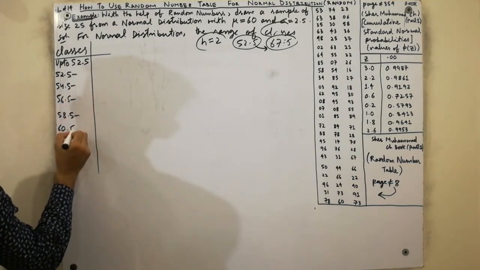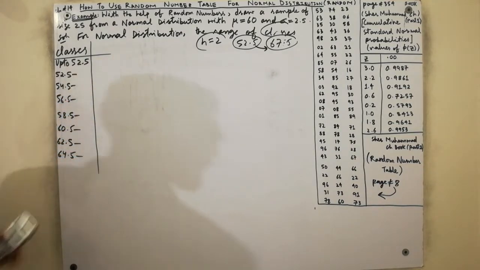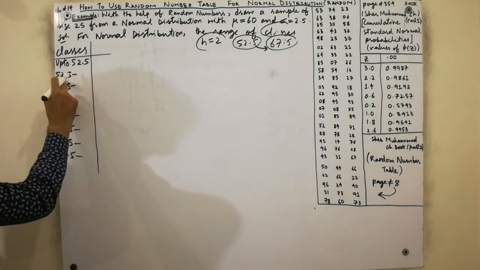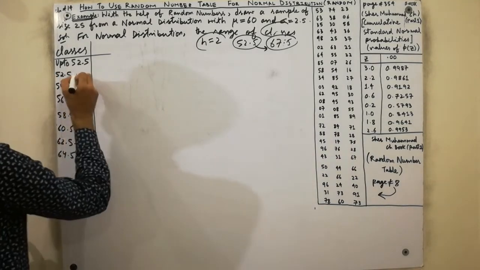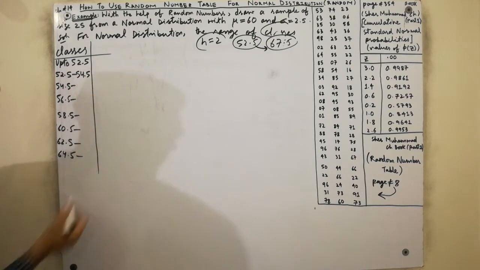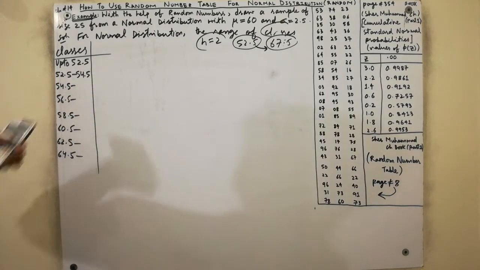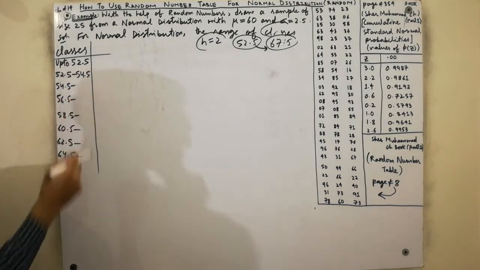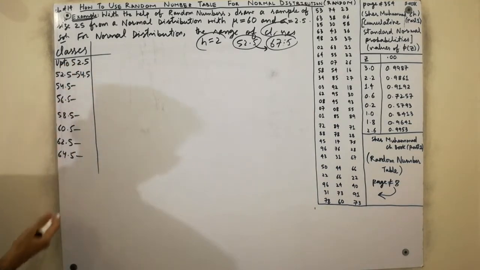Now making the classes: 52.5 to 54.5, then 54.5 plus 2, that's our lower class boundary and that's our upper class boundary.